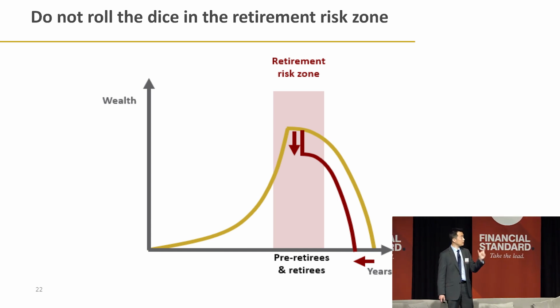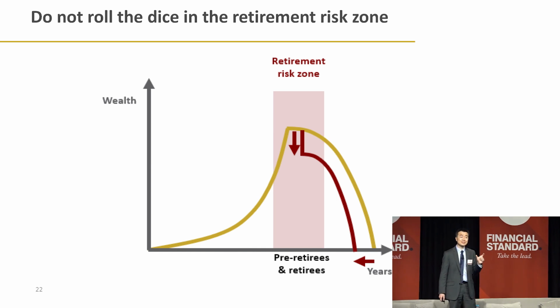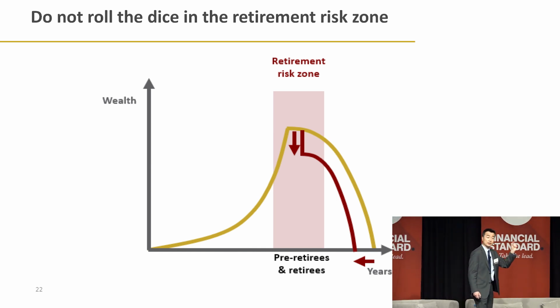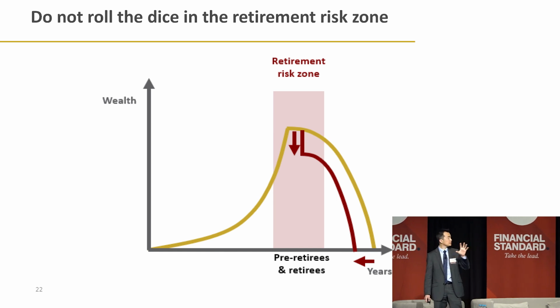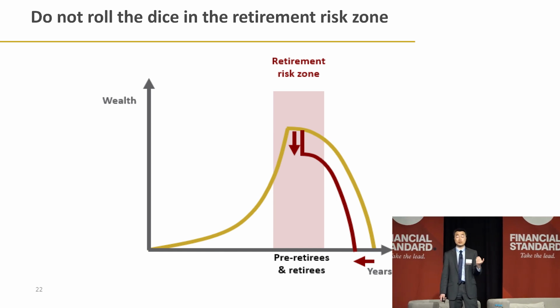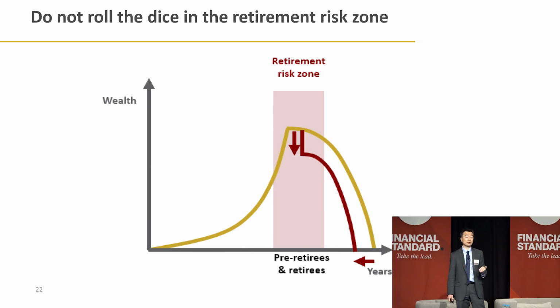You're really rolling the dice, right, if that occurs within that retirement risk zone. That 25-year period where that nest egg is at its largest, right, it's all about making sure that lasts as long as possible, right? And if that's not managed well, obviously the number of years gets reduced in terms of how long that nest egg can last.